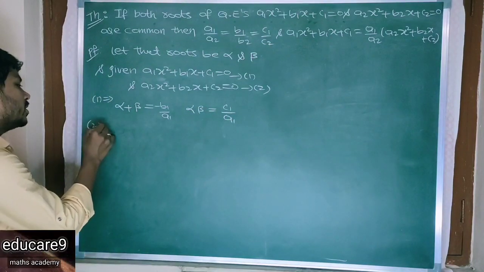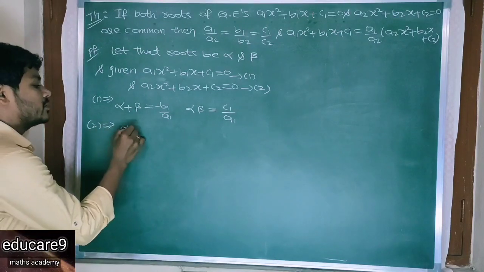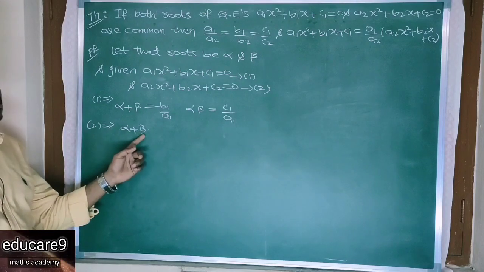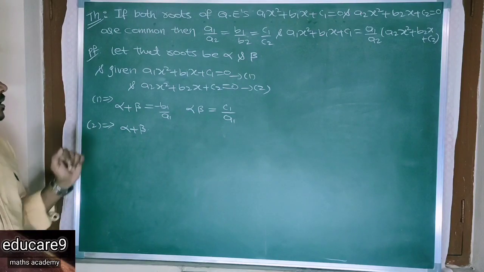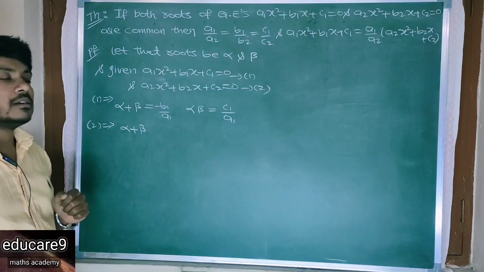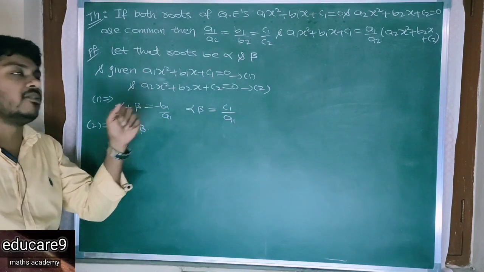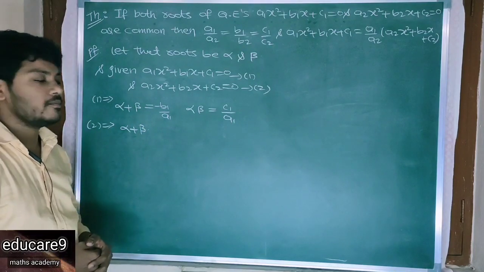So from equation 2, here also write alpha plus beta, because both roots of the quadratic equations are the same.